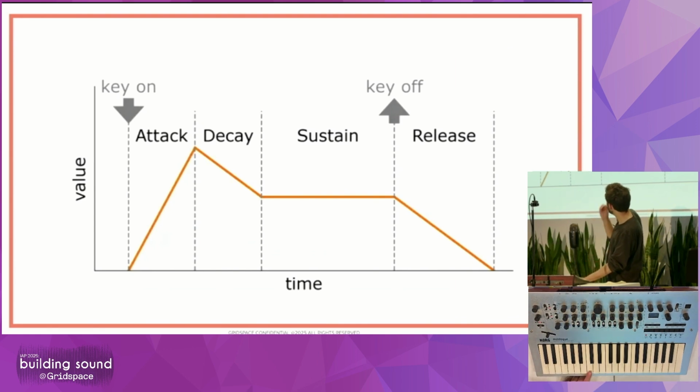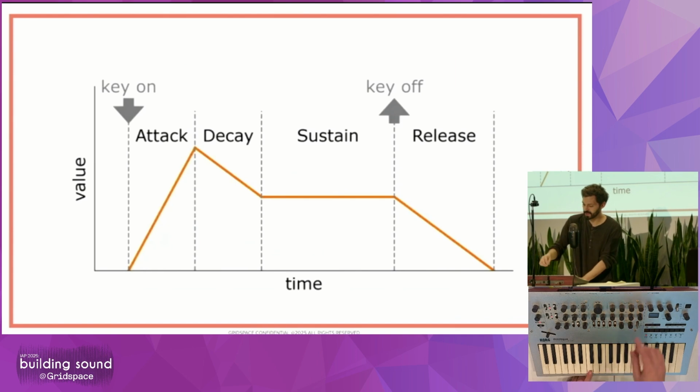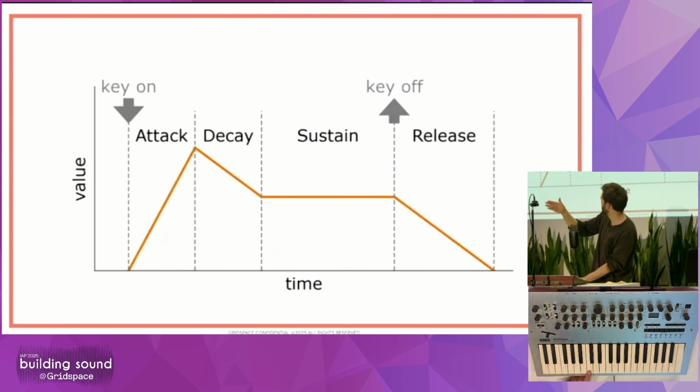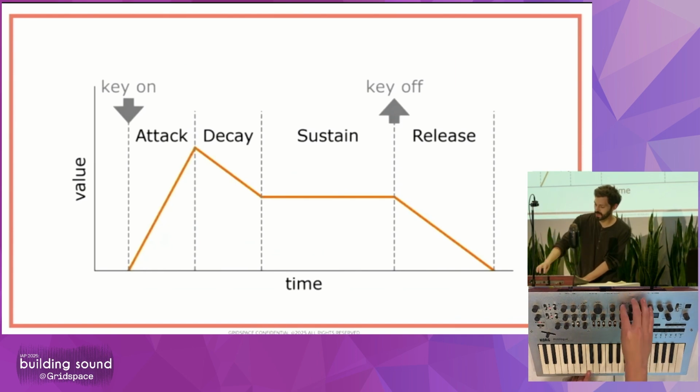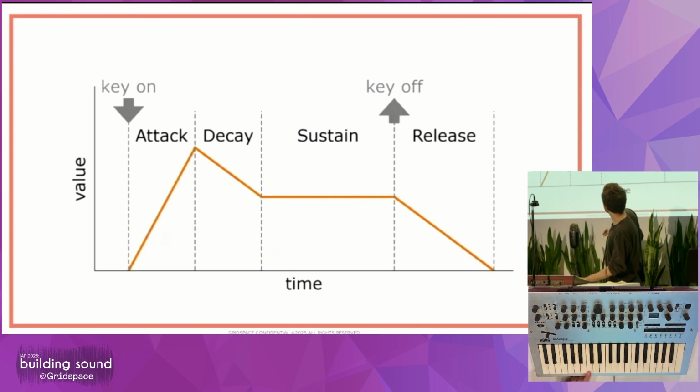Decay is the same thing. So once it gets up to its full volume, it's going to change direction, and the amount of time that it takes to go back down is determined by the decay. So you'll hear it kind of goes back down. Sustain says what the height of that plateau is.